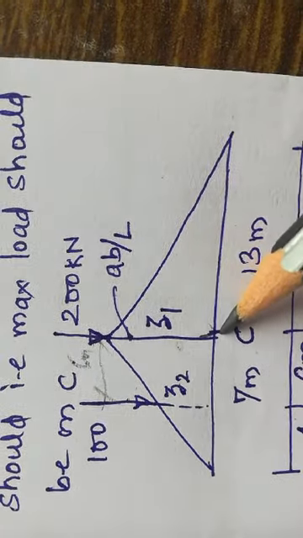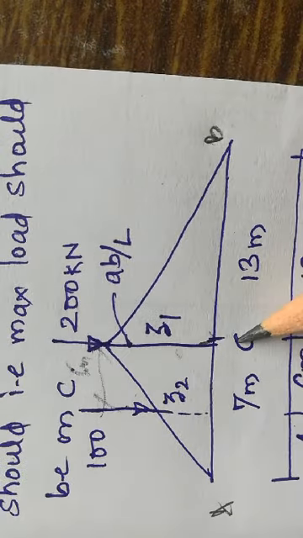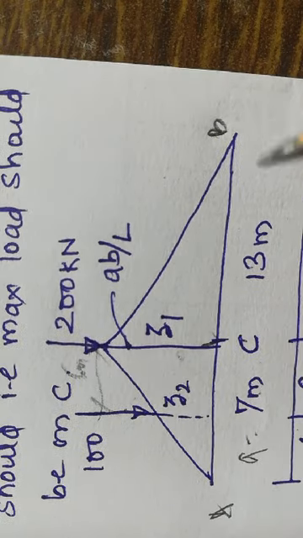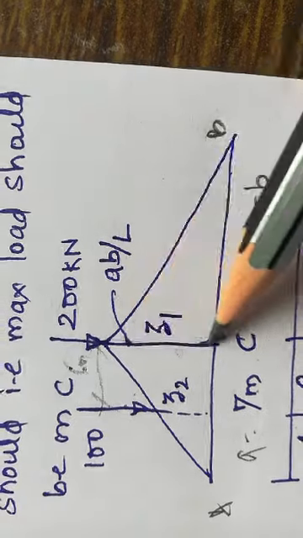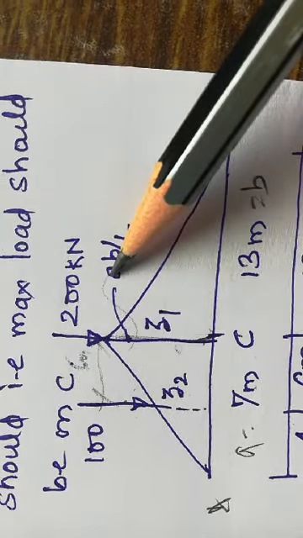For point C, the value of A is 7 meters, the value of B is 13 meters, and the ordinate at C is always maximum.